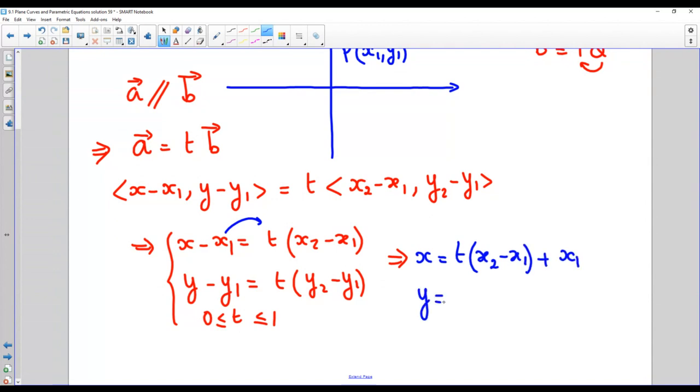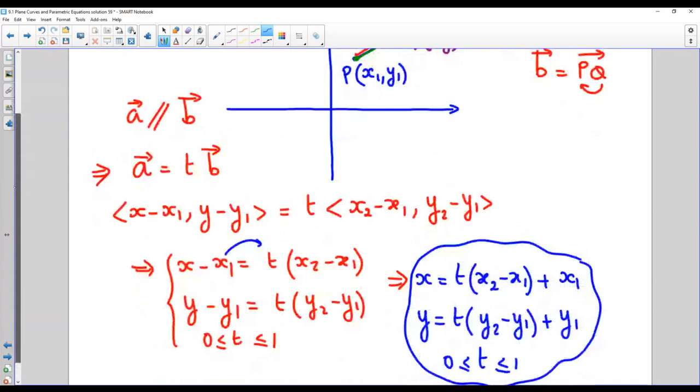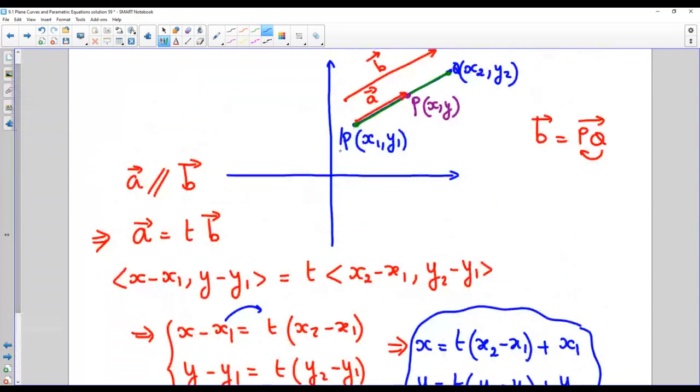And y will be t multiplied by y2 minus y1 plus y1, and the value of t will be from 0 to 1. And that is the way we find parametric equations of a line segment which goes from x1, y1 to x2, y2.